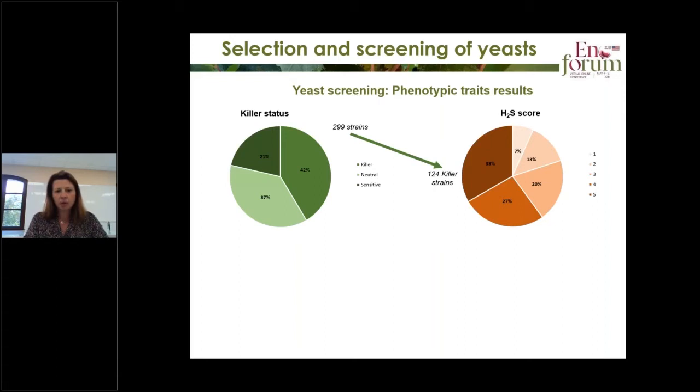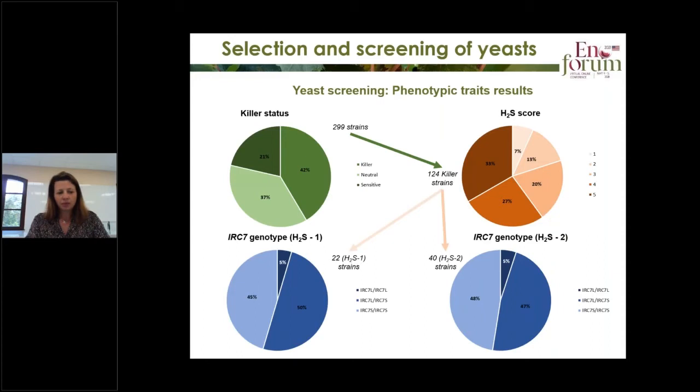Only strains with a low production of hydrogen sulfide, levels 1 and 2, and with a killer activity are selected. Killer activity is a very important positive oenological characteristic to compete more successfully in must and wine and to fight sensitive yeast.